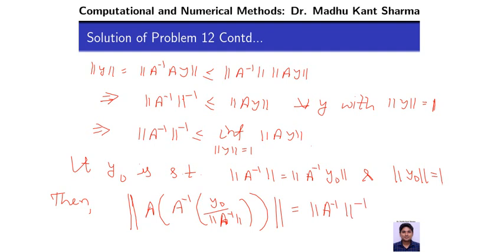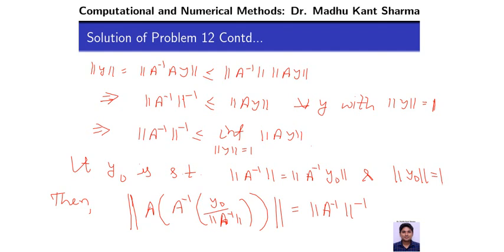This is a very simple step to verify, because A inverse y naught is norm A inverse, using the property of norms, and hence you are able to find it.